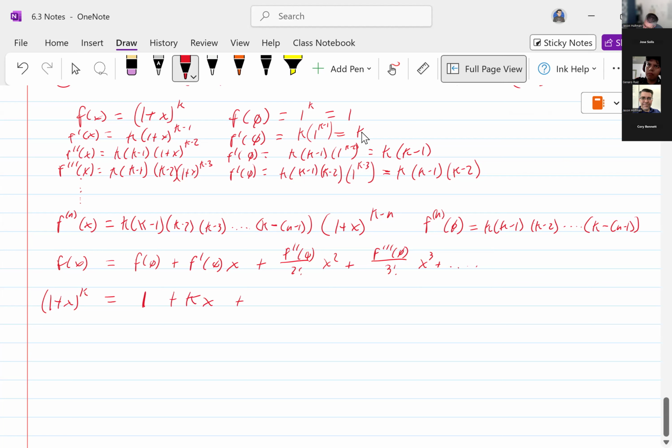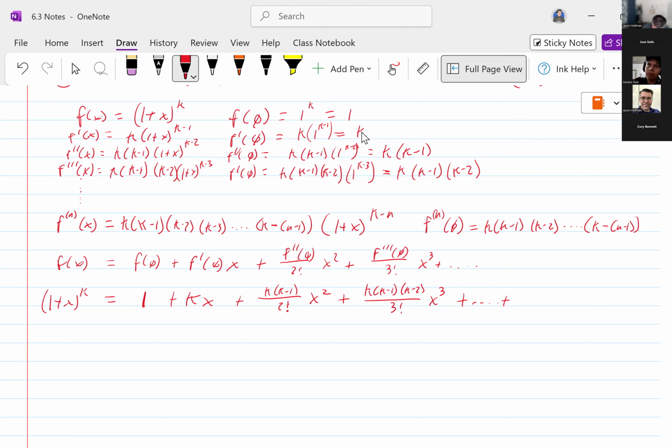That's k times (k minus 1) all over 2 factorial x squared, plus k times (k minus 1) times (k minus 2) all over 3 factorial x cubed. Okay, plus dot, dot, dot, plus, let's go to the nth term.